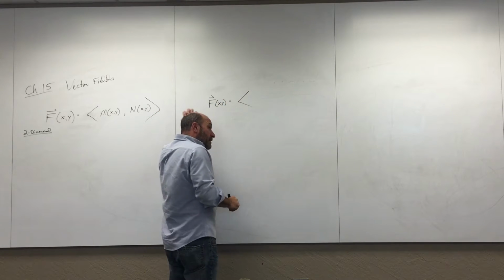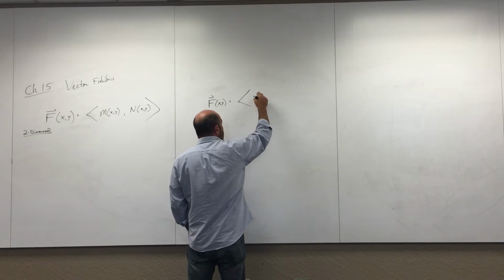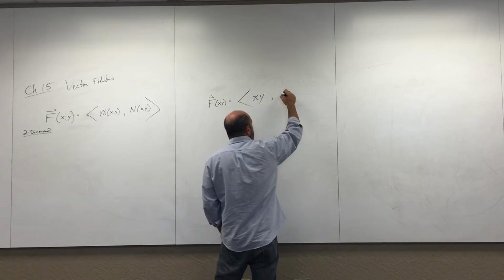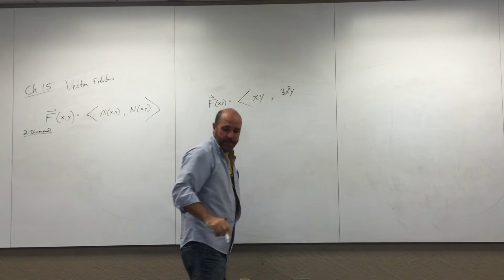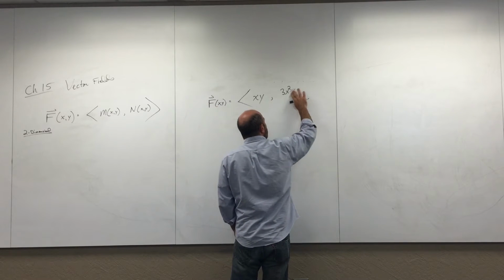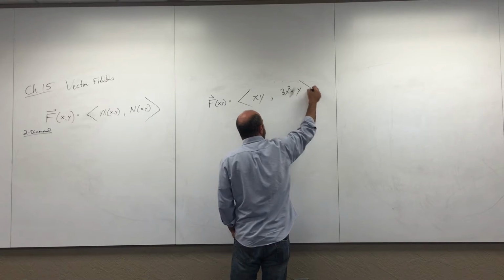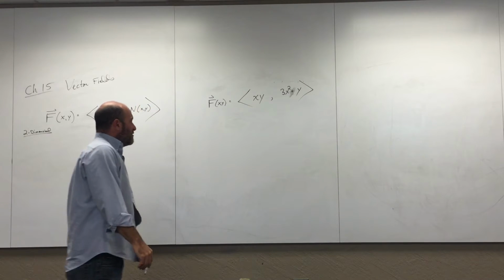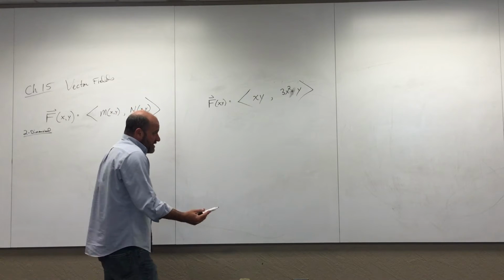How about x times y, comma, 3x squared plus y. So I just made up this vector field. I have no idea if it's relevant to anything, but it's a vector field, which means what?